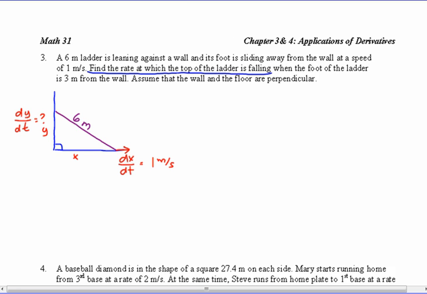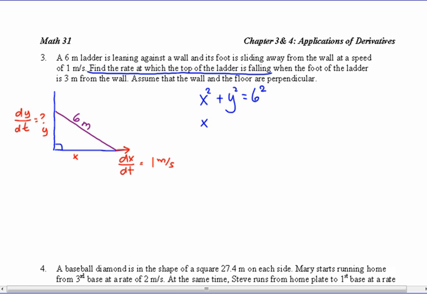Is there a relationship between x and y and 6 here? Good old Pythagorean Theorem. So x squared plus y squared equals c squared, and our c is 6.